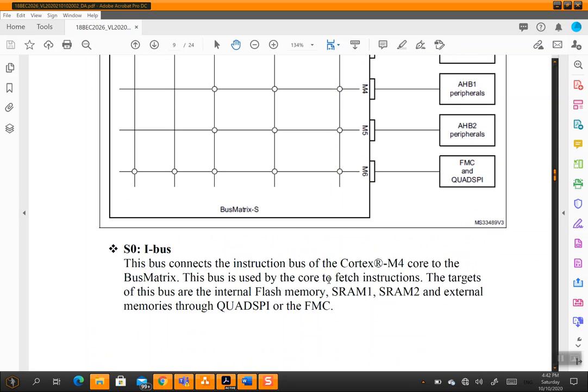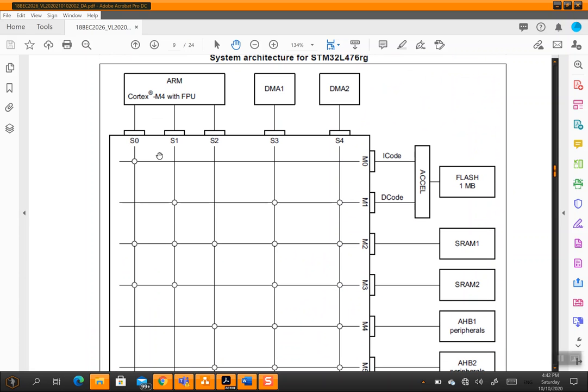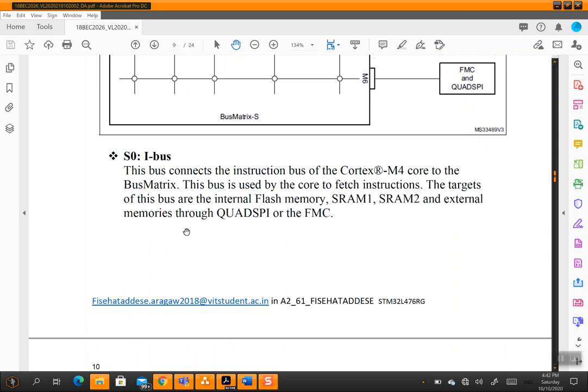Now, what is S0? If you see my cursor around here, this one, the S0 I-bus. What's the function of the S0 I-bus? This bus connects the instruction bus of the Cortex-M4 core to the bus matrix, and it is used by the core to fetch instructions. So this bus has a role in fetching instructions.